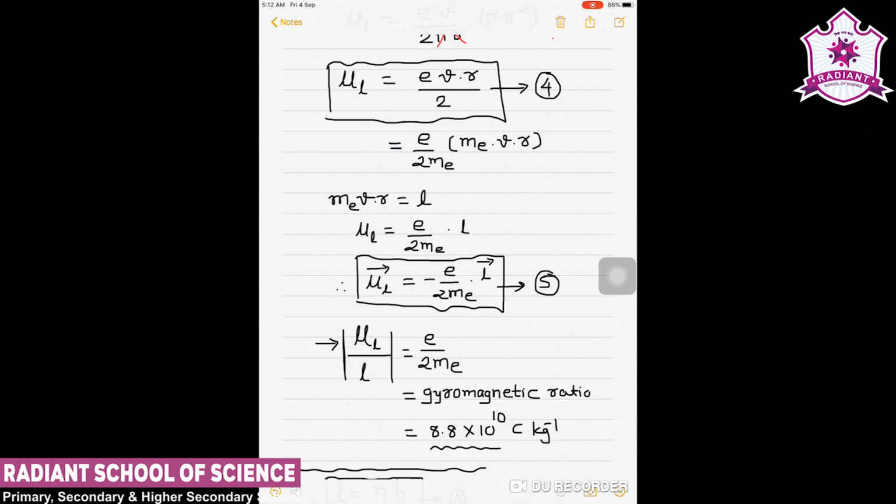It is given by mu L. So mu L is called the orbital magnetic moment, and when mu L minimum is considered, it is called the spin magnetic moment. So this is the magnetic dipole moment of a revolving electron in a given atom.